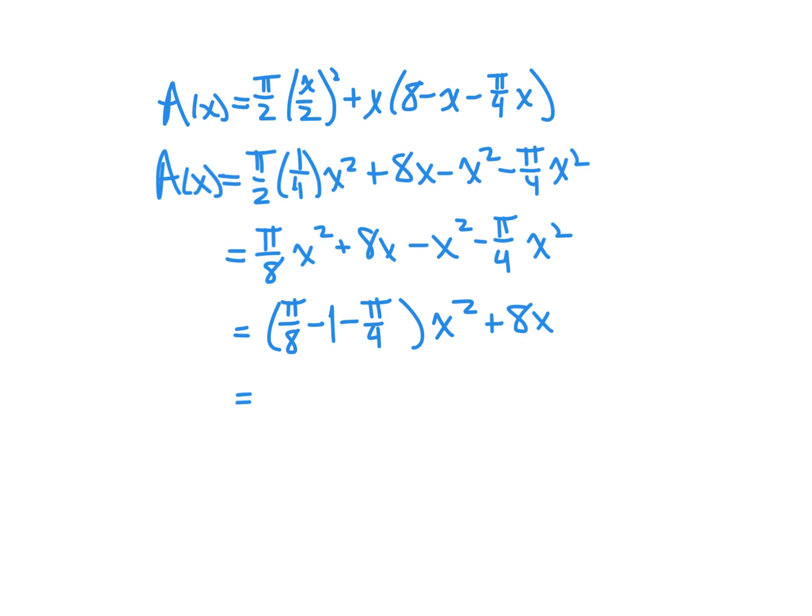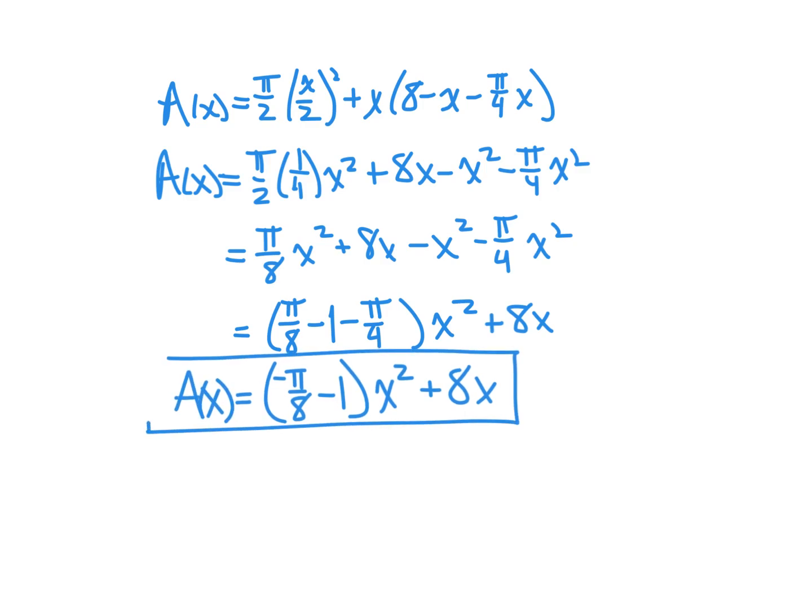Pi over 8 minus pi over 4 leaves us with negative pi over 8, so we have negative pi over 8 minus 1. That's going to be our coefficient for the x squared term, and 8x for our x term. So, to get us started, that's what we're going to have to take the derivative of in order to find our critical points. You could take it from there.